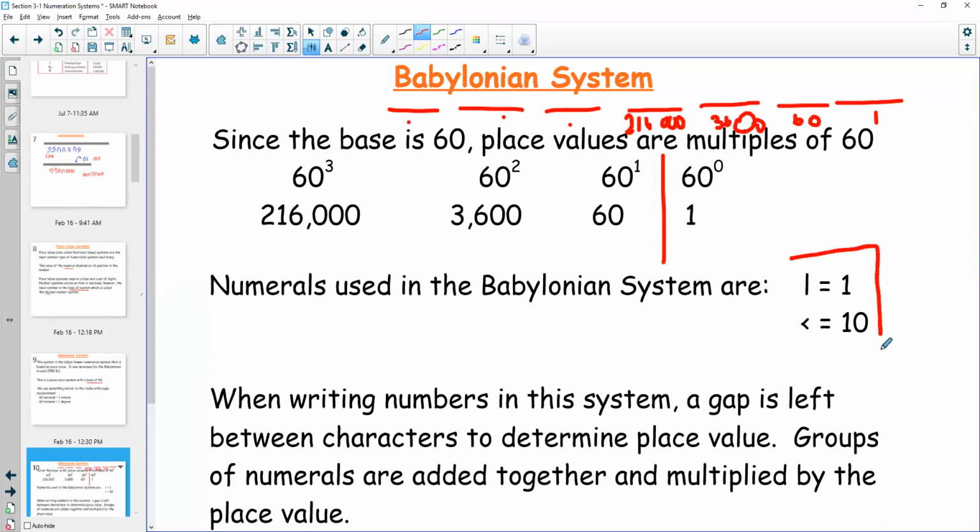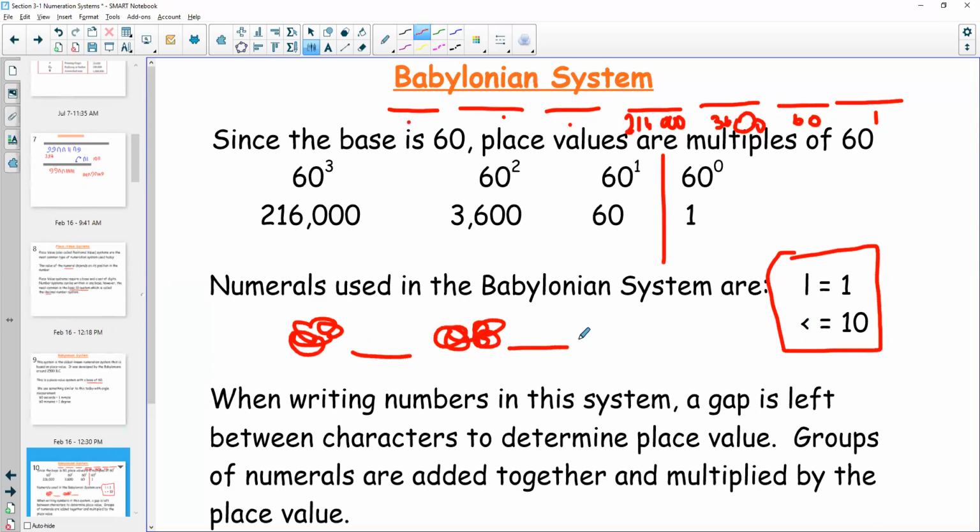The numerals in the system are a line for 1 and these little triangles for 10. When you write numerals in the system, you leave a space. So a Babylonian number would have some numerals, then a blank spot, and some more numerals and a blank spot.